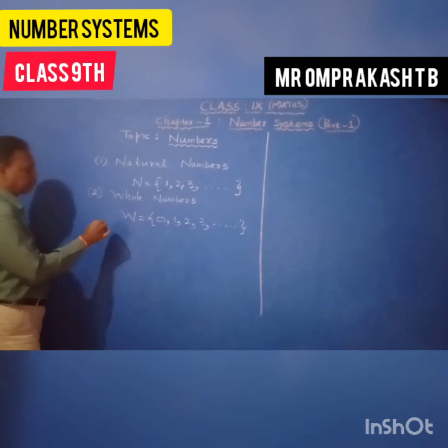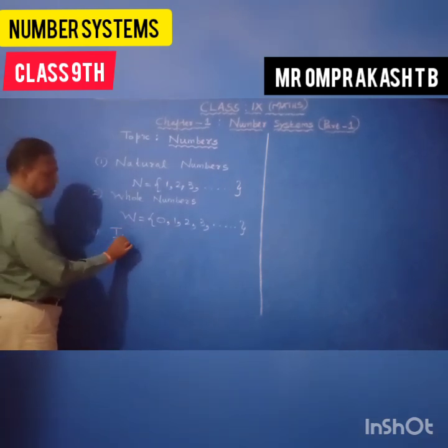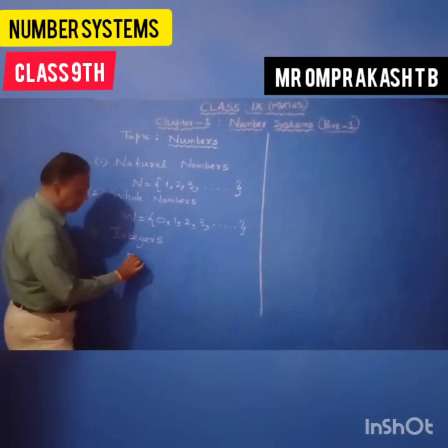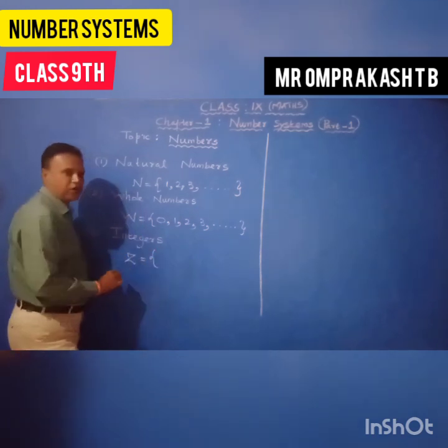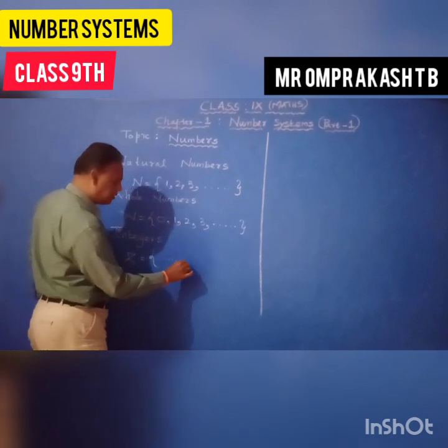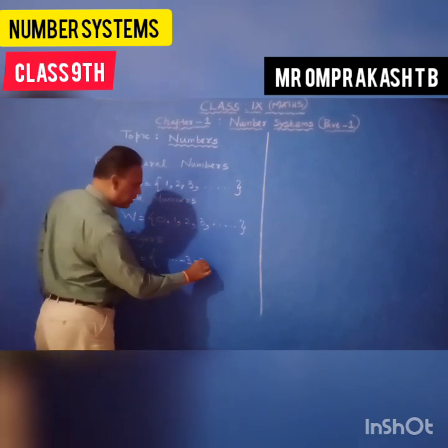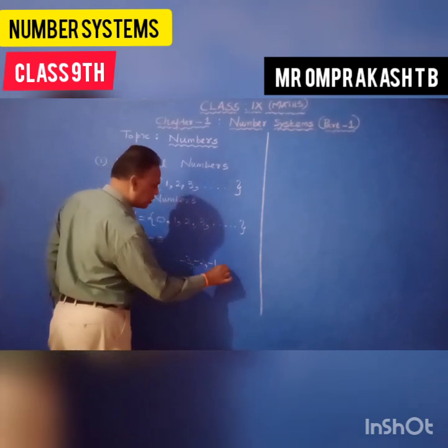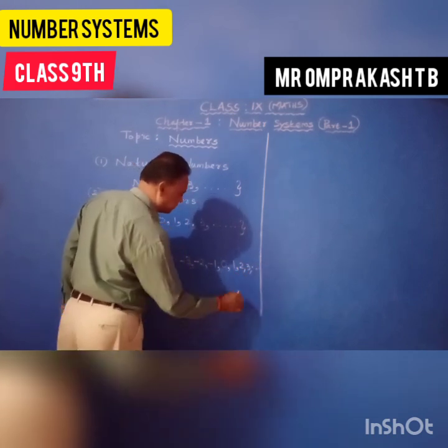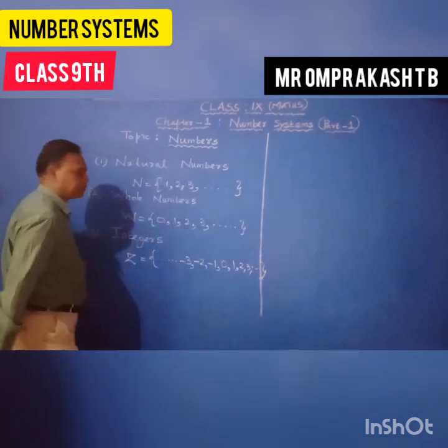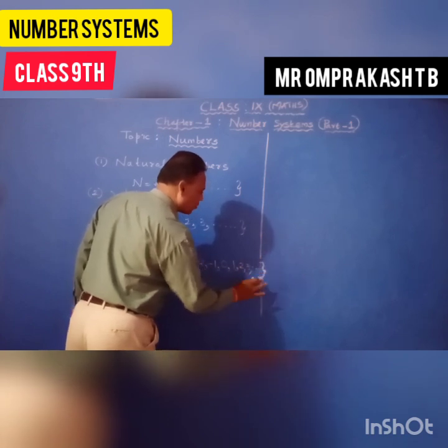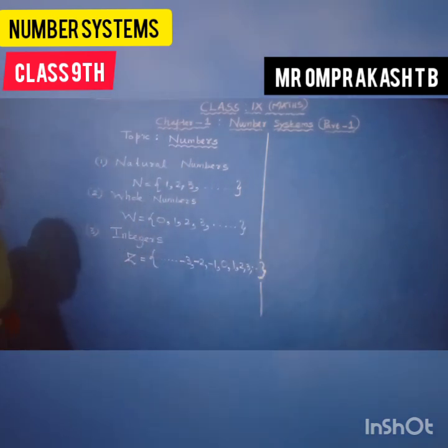Third one, integers. It is denoted by capital Z. Set of all negative numbers, that is minus 3, minus 2, minus 1, 0, 1, 2, 3, etc. That is integers.